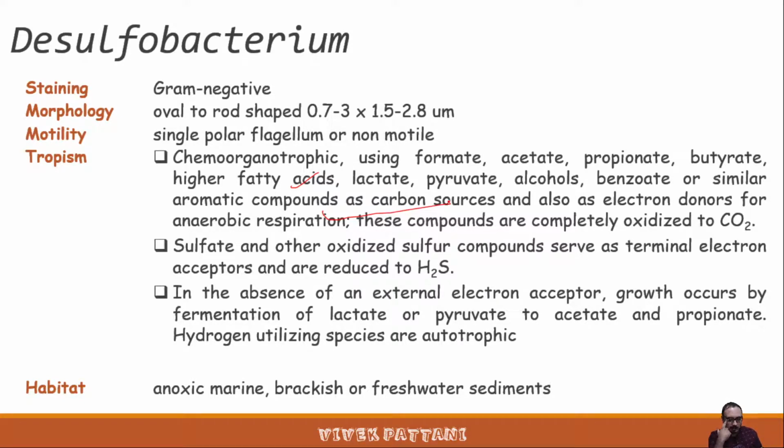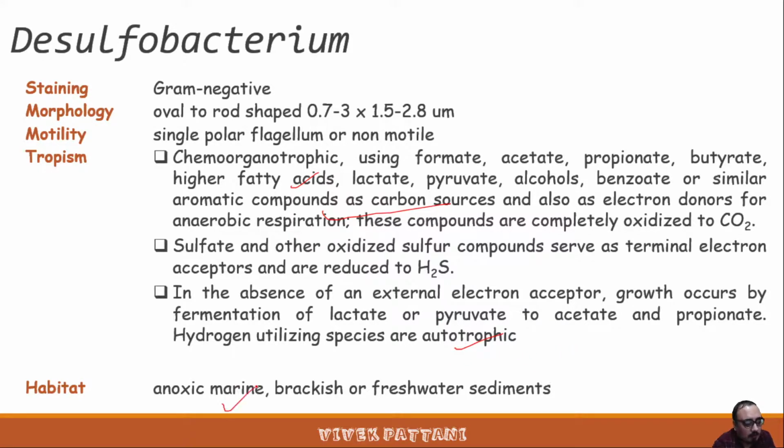In the absence of an external electron acceptor, growth occurs by fermentation of lactate or pyruvate to acetate and propionate, and some species which can utilize hydrogen are autotrophic and can use carbon dioxide as their carbon source.